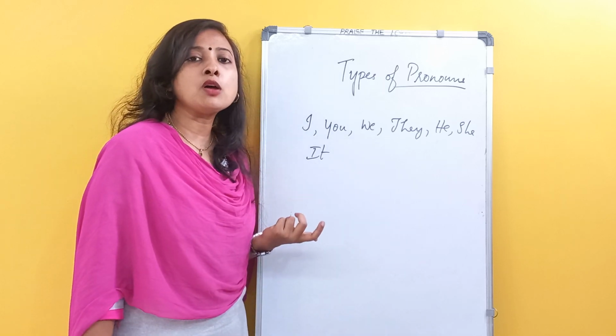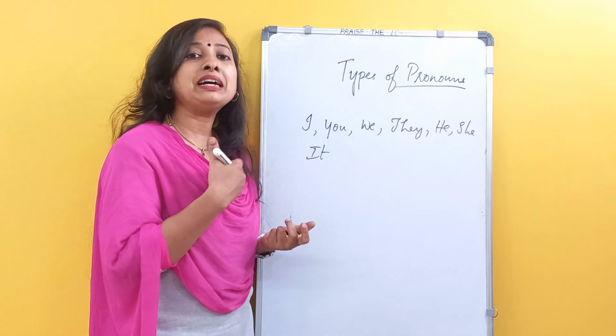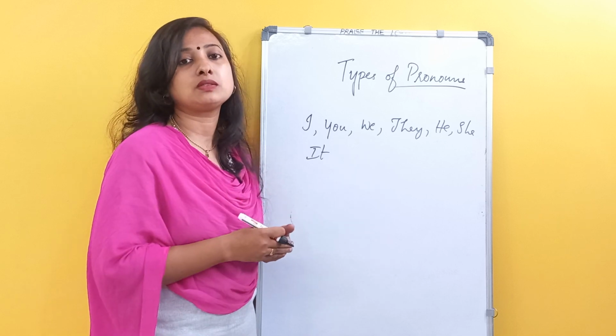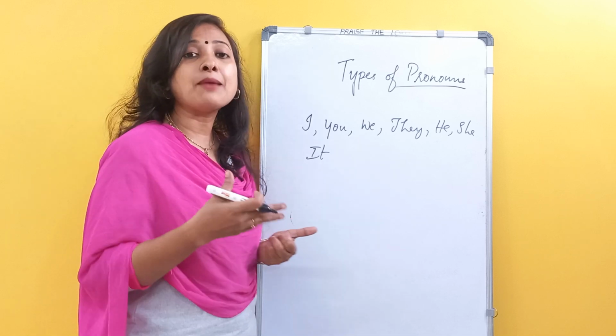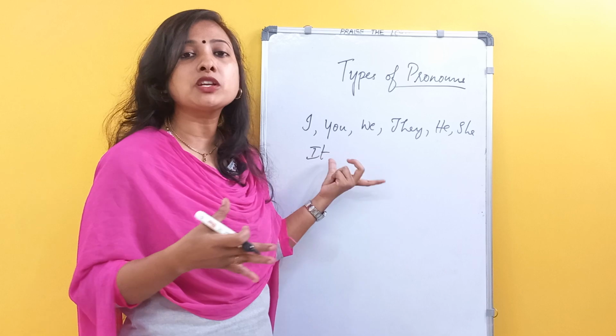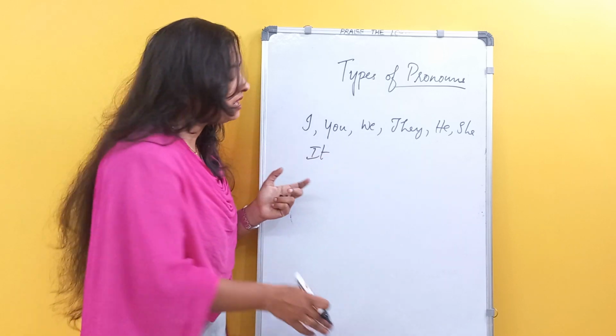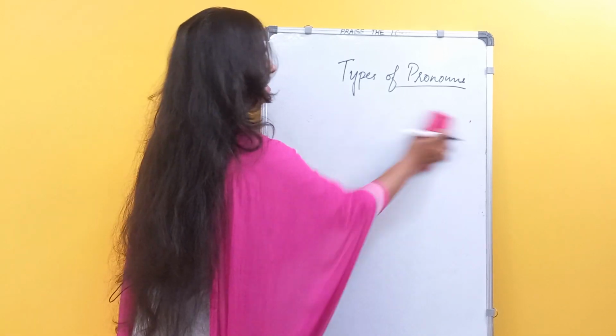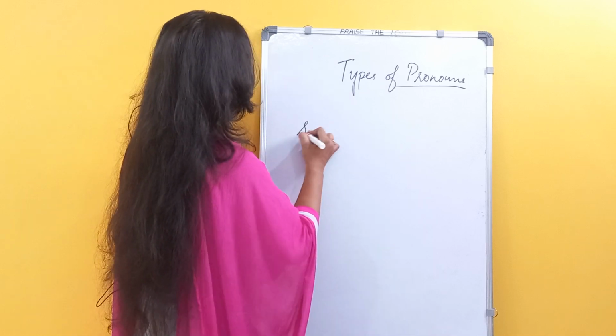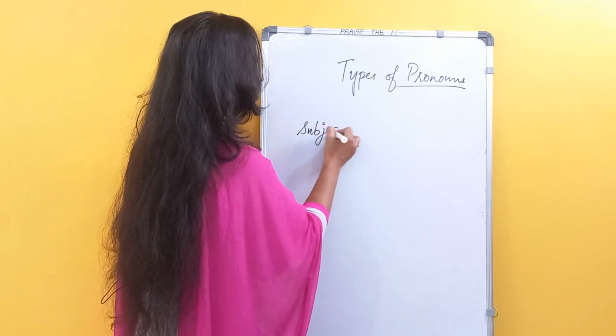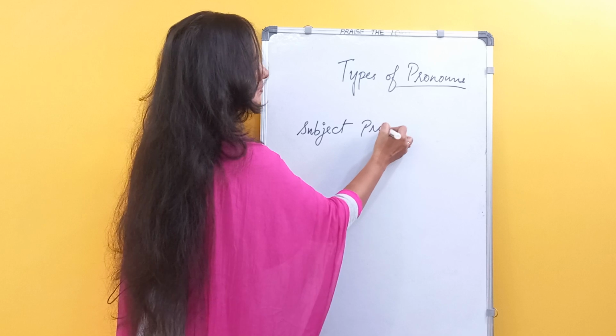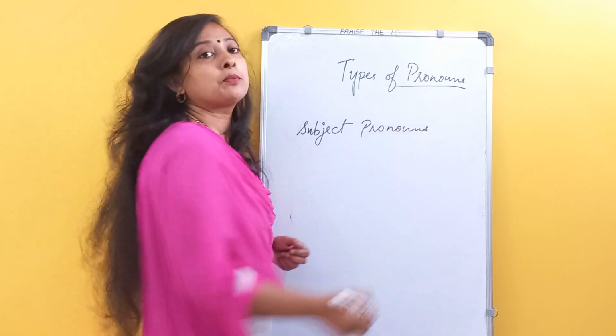Which type of pronouns? They are about person, personal pronouns. And which type of personal pronouns are they? They are subject personal pronouns. They come in the beginning of the sentence. So what are subject pronouns?